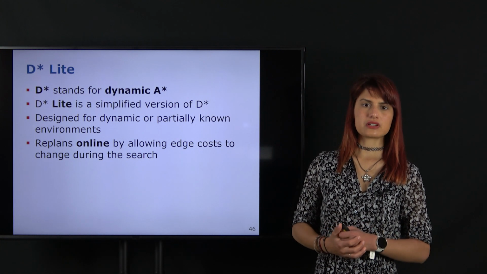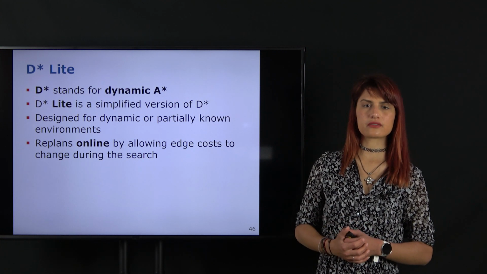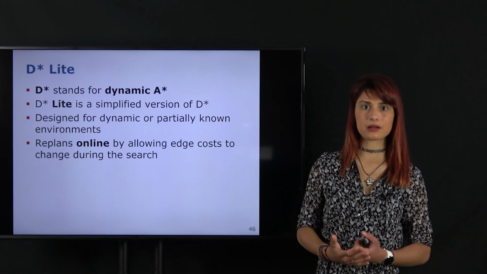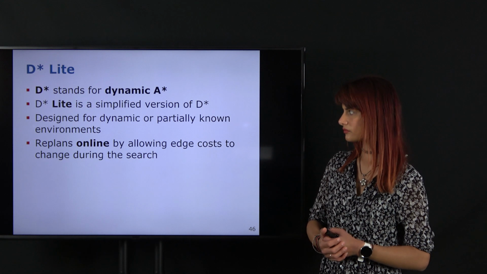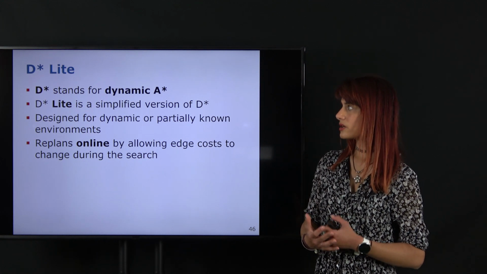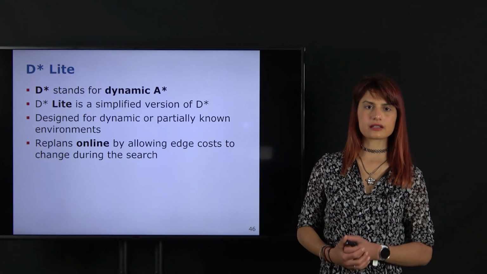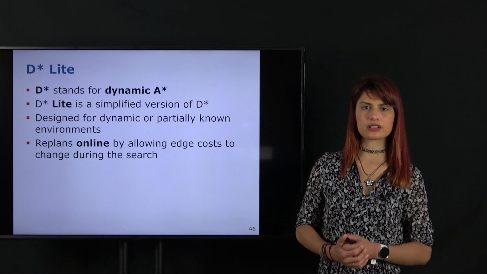The main motivation for the design of this algorithm is its applicability in dynamic or partially known environments. So what we want to do is avoid this constant replanning that we would need to do with the conventional A-Star.